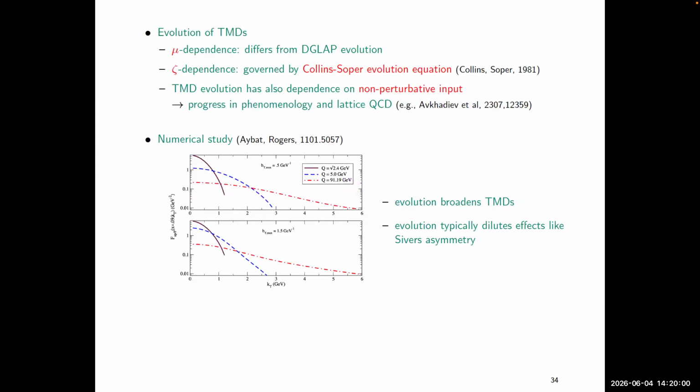And the second thing, and I don't have a plot for that: people of course wondered what happens if you look at the Sivers asymmetry. The Sivers asymmetry strictly means in the numerator you have the Sivers function, and in the denominator you have this function. Both the Sivers function and the F1 evolve in a certain way, and the Sivers function has this extra prefactor of K-perp.